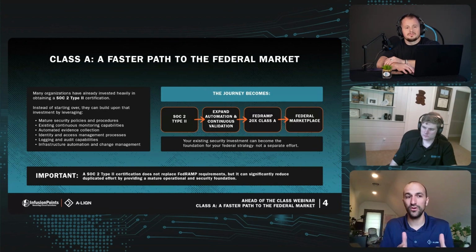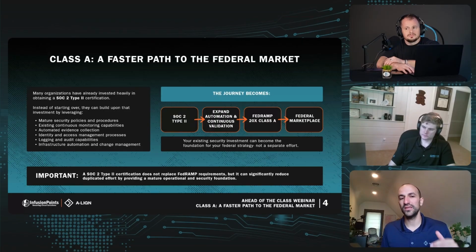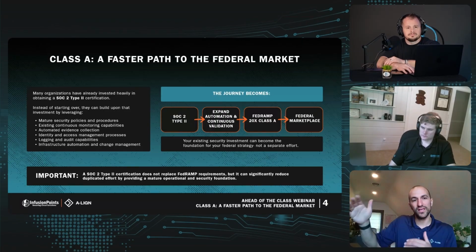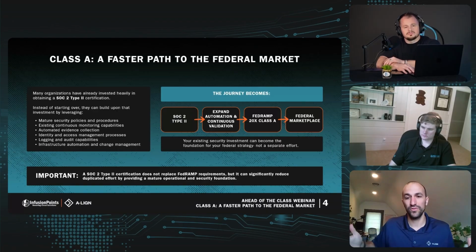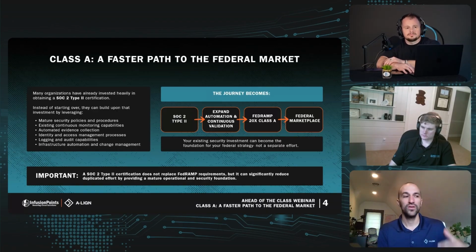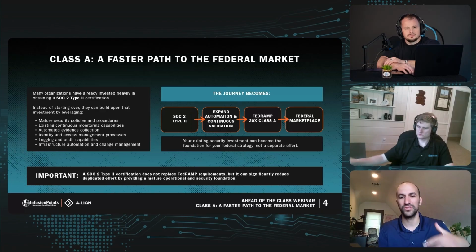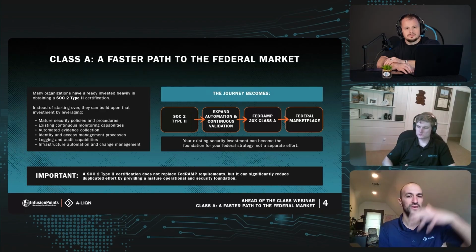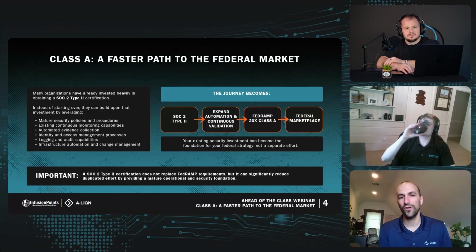But they want to do it in a way that the security is not at a higher risk because of that, right? And so really class A and this class structure in general is designed for that. It's for, hey, historically a software provider that could have never gotten or never thought of getting an agency sponsor and investing the time and the capital to go get FedRAMP moderate authorized and wait 18 to 24 months to go through all that.